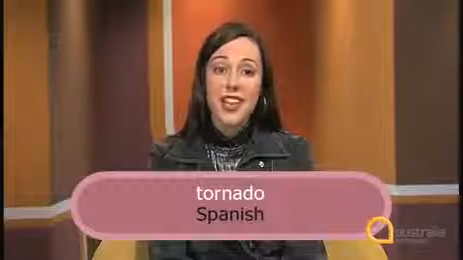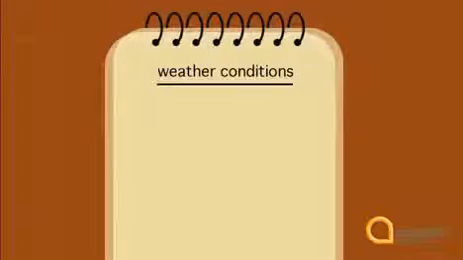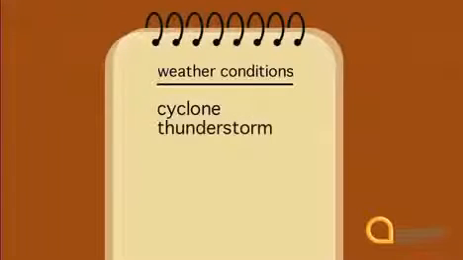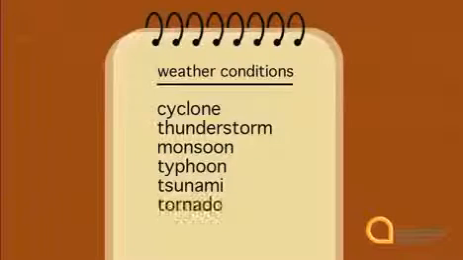It's from Spanish and it means turning storm. So in our glossary of words belonging to the field of weather conditions, we can include cyclone, thunderstorm, monsoon, typhoon, tsunami and tornado.